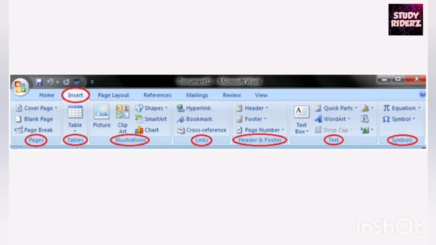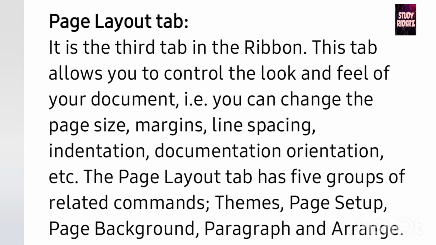So this is the image of insert tab and its menus. Next one is page layout tab. This page layout tab is the third tab of ribbon tab. So this is also a default tab of MS Word.